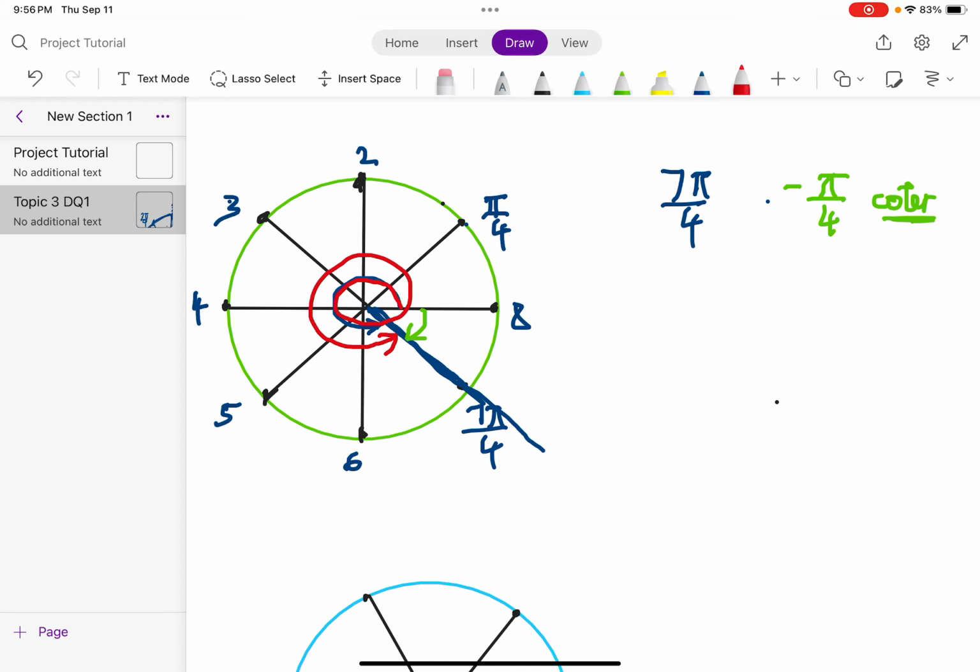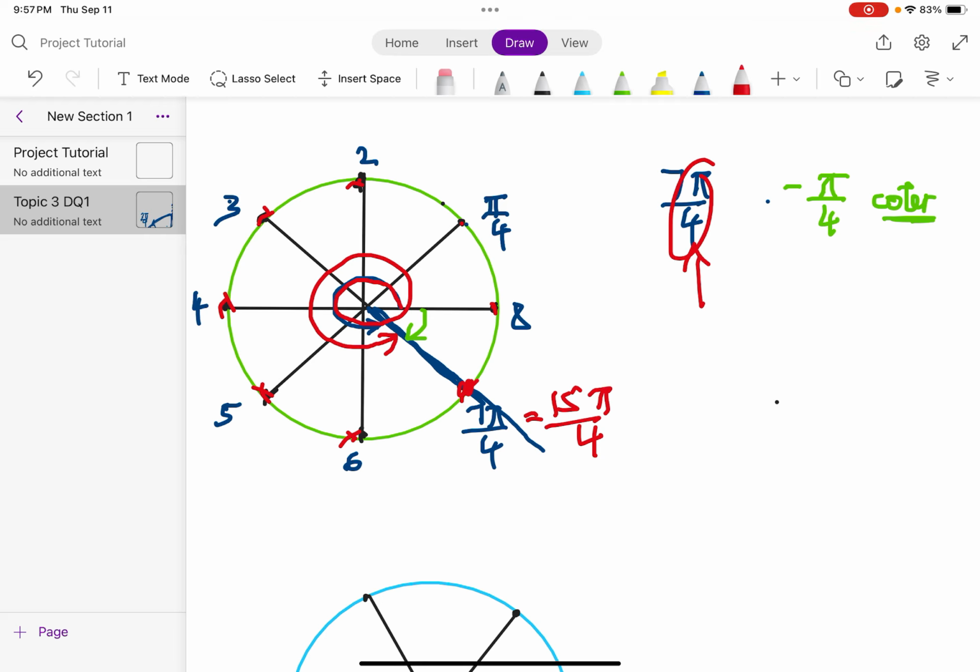I go one full circle, so it'll be 1, 2, 3, 4, 5, 6, 7, 8, and then 8, 9, 10, 11, 12, 13, 14. Now I end up here, it's actually 15 pi over 4. That is another coterminal angle. So the key is we're going to construct a unit circle with 8 pieces if you have pi over 4.